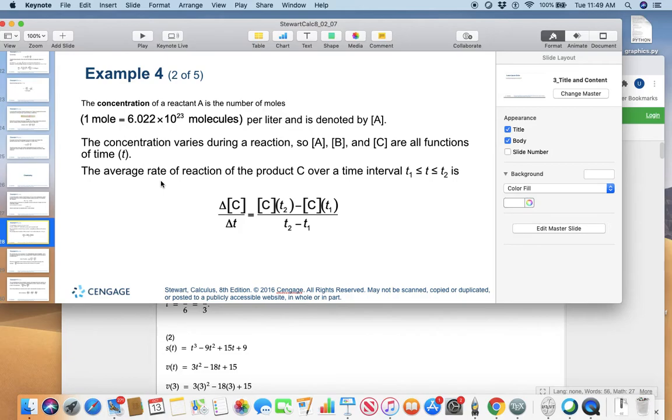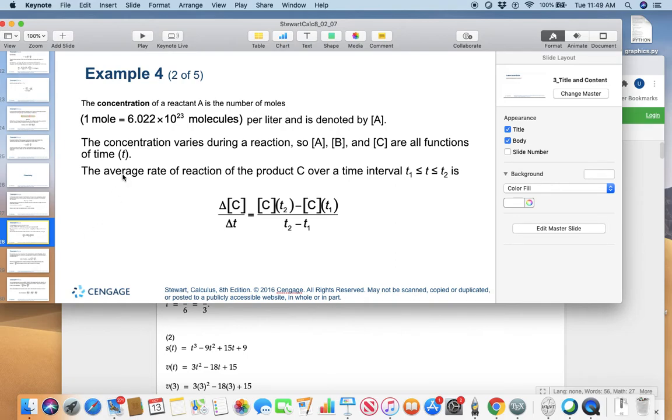The average rate of reaction of the product C over a time interval is delta of the concentration of C over delta of time. So that is the concentration of C at time t2 minus the concentration of C at time t1, over delta t. This is what we would call the slope of the secant.